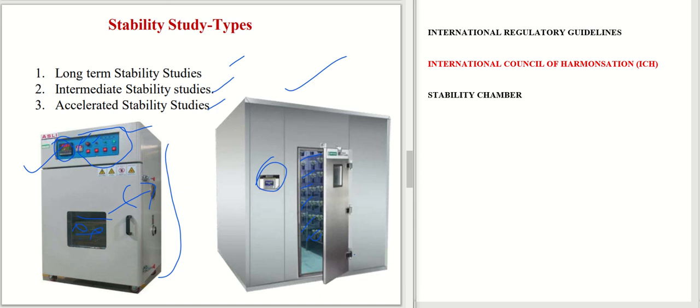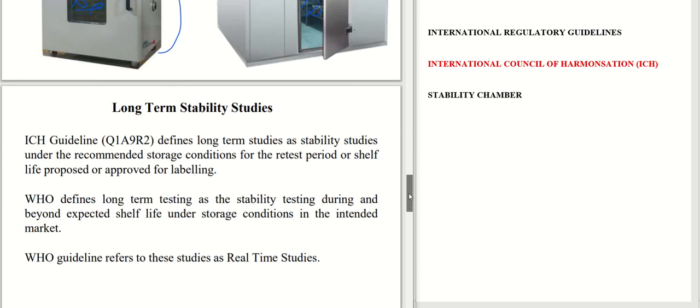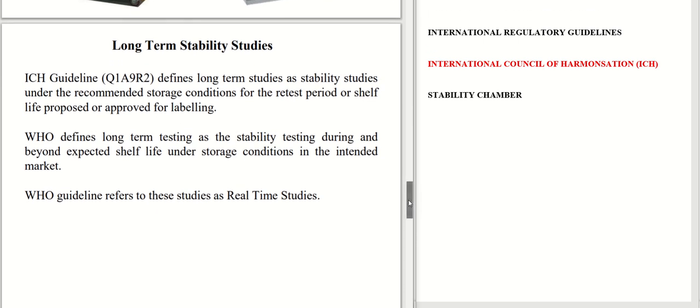Now, based on what do we have different stability studies? Based on the time period, we have different studies. For example, long-term stability studies.